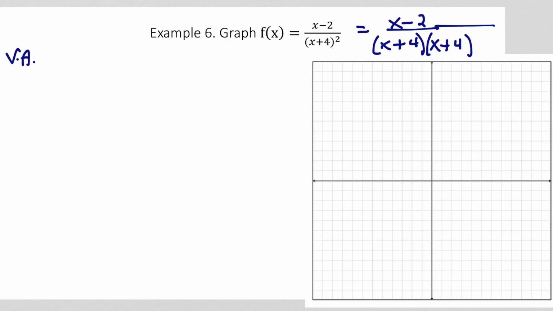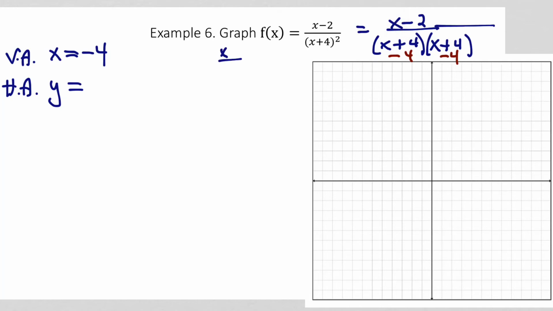Negative 4 will cause this factor and this factor to go to 0, but you only need to write it once. So my vertical asymptote is going to occur at x is equal to negative 4. Now the horizontal asymptote is a y equation. So we're going to look at the powers in the numerator and the denominator. I can see the highest power is 1 in the numerator.